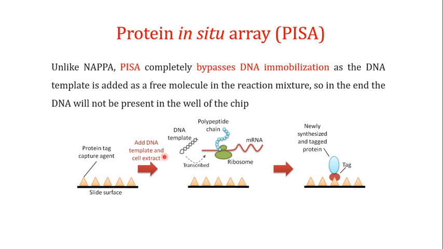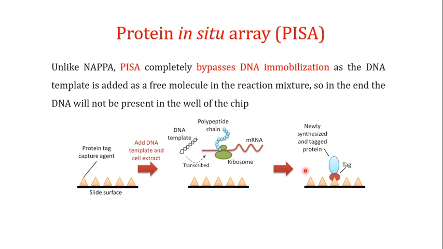the cell extract. The machinery is going to transcribe this particular DNA template into the messenger RNA, and the messenger RNA is then going to make the polypeptide chain, and hence the newly synthesized protein is immobilized to these capture agents utilizing the tags over here. So this can be the GST tag, as we discussed in the nucleic acid programmable protein array.